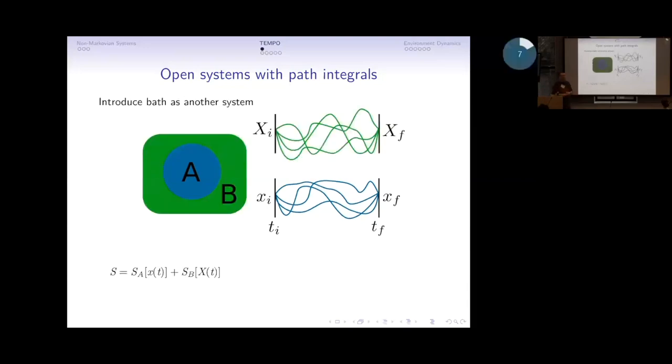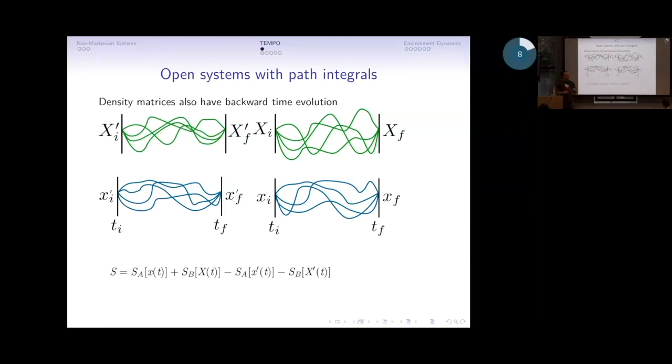And then if I take the rest of the universe into account as well, and I have no interactions at the moment between the system and the environment, my environment degrees of freedom are described by this capital X. And again, I have a load more paths which take me from the initial state of the environment to the final state of the environment. And so this is exactly the same as we had for the system. It's just the environment has a lot more degrees of freedom than the system has.